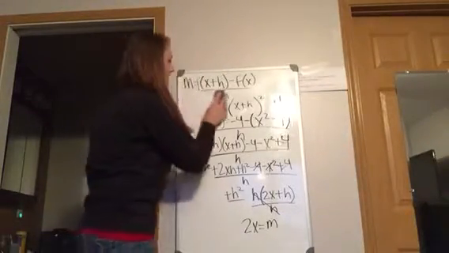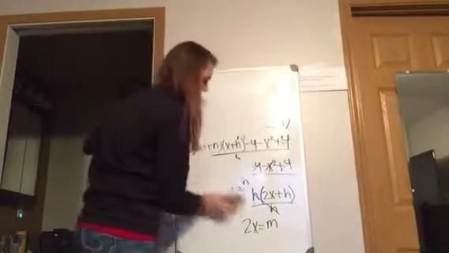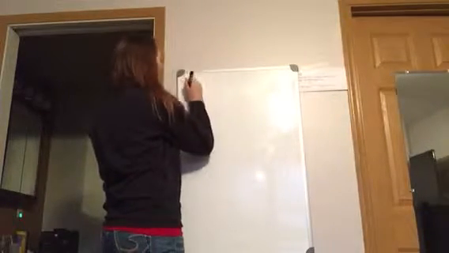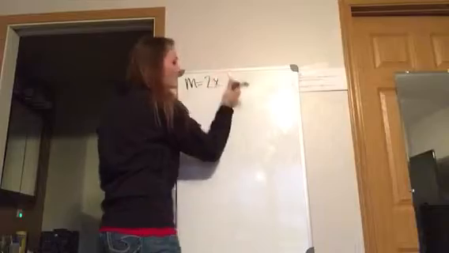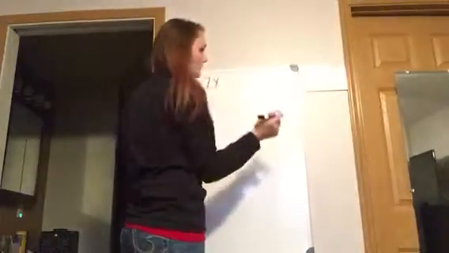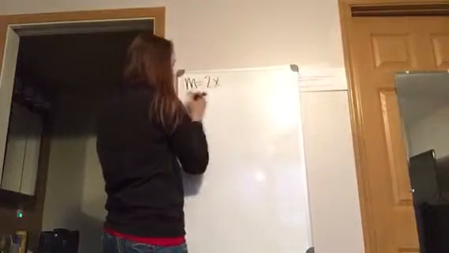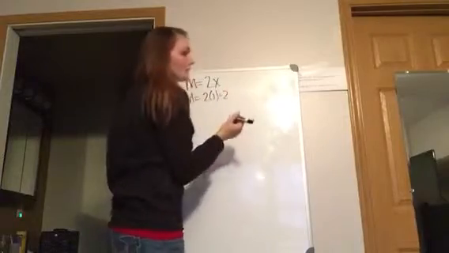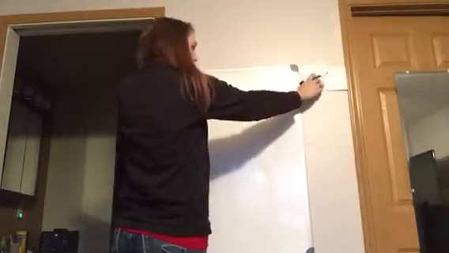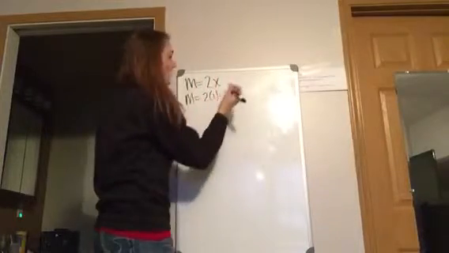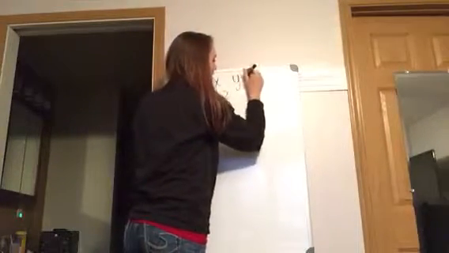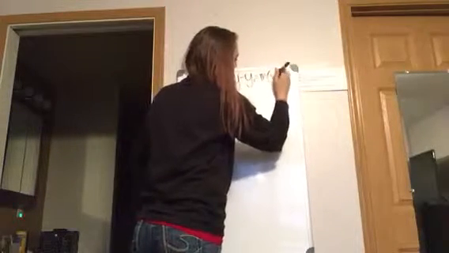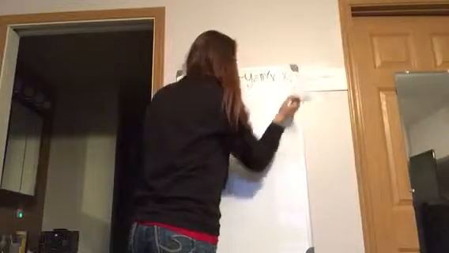So our slope is 2x. We know that our point is (1, 4), so x equals 1 and m equals 2 times 1, which is 2. Then we input the point into the point-slope form, y minus y1 equals slope times x minus x1.